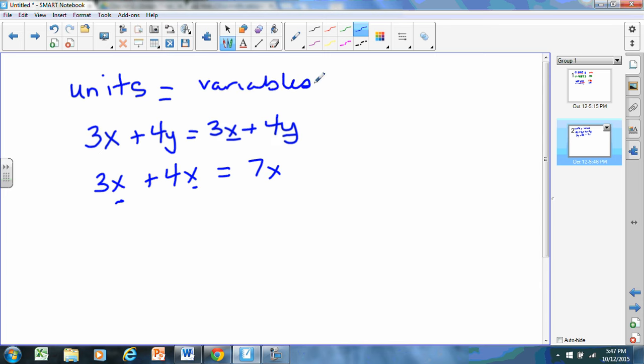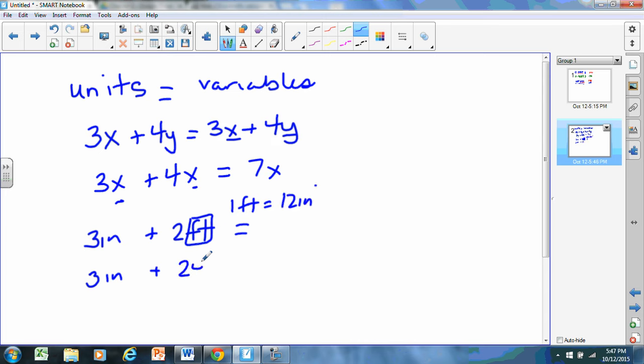For instance, if I ask you to add 3 inches and 2 feet, you can't add them. You can't say that's 5 inch-feet. But you can only add or subtract numbers if the units are the same. Since 1 foot is the same thing as 12 inches, if you change 2 feet to 24 inches, now it's a lot like this problem up here.